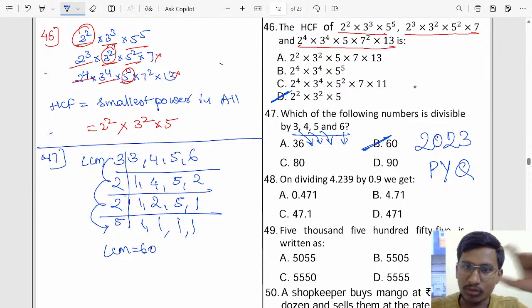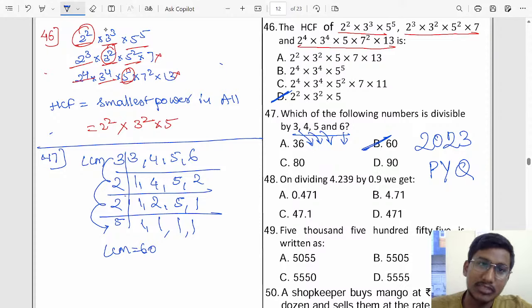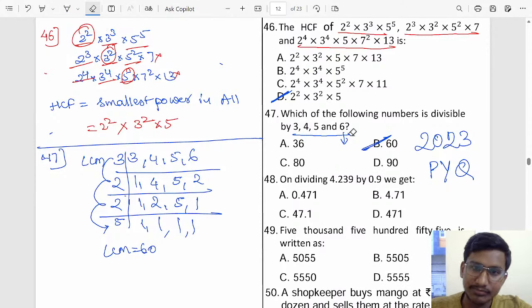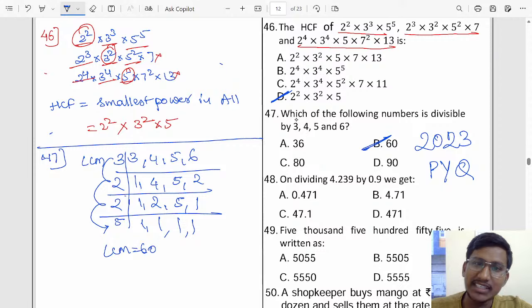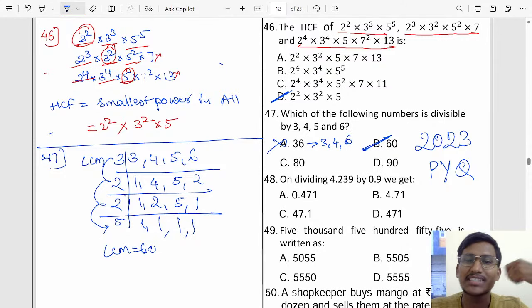Or you can go with options, that is, divide. Which number will divide all the numbers? Divided by all the numbers, right? So if you see option A, 36 will divide with 3, then with 4, but not with 5, right? And also 6, but not with 5. So that is why not the answer. And if you see option C, that is 80, 80 will not be divisible by 3, right?